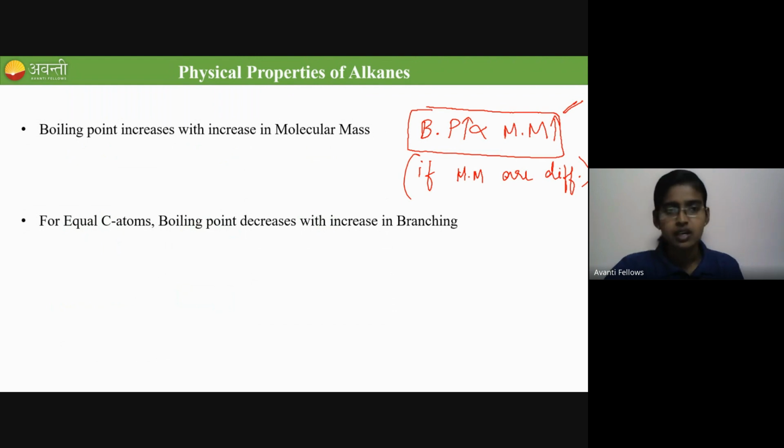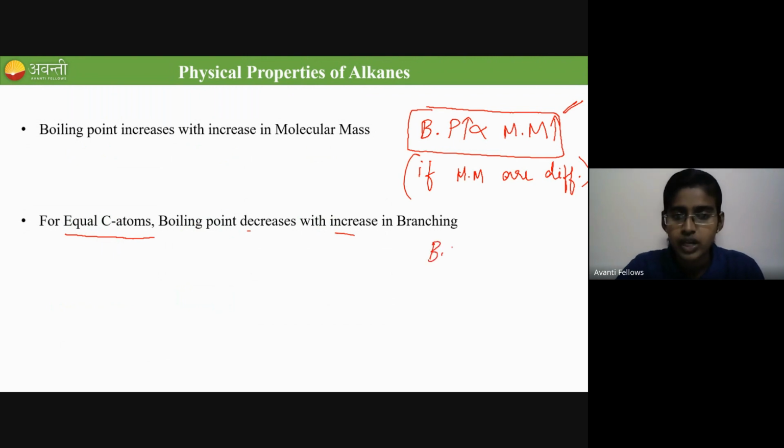Okay. For equal carbon atoms, what is meant by equal carbon atoms? For isomers. For isomers, the molecular formula is going to be the same, right? If the molecular formula is the same, the molecular mass is also the same. So they will have an equal number of carbon atoms. In that case, how will you find out the boiling point? It decreases with increase in branching.